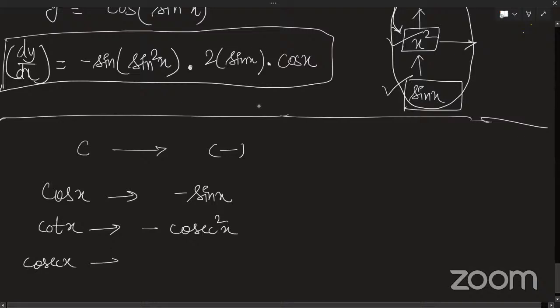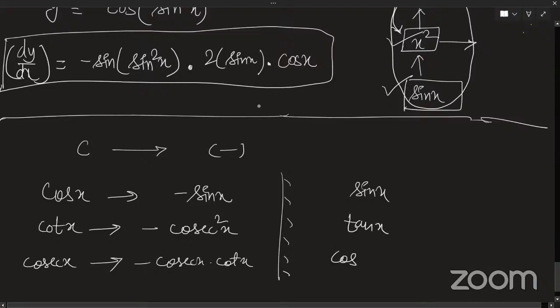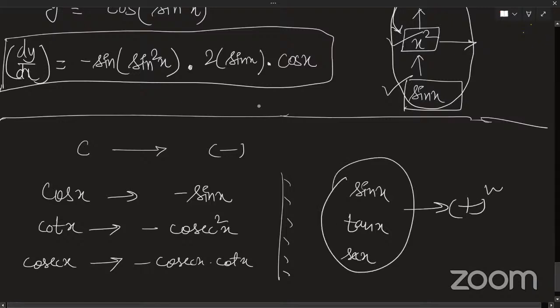Cosec x, it is minus cosecant x into cot x. It is like a trick, you can say. And all the others, sorry, not cos, sine, tan, sec, all these will have positive. Is this fine? This is a trick, okay? You can remember it. Yes, sir, it's fine.